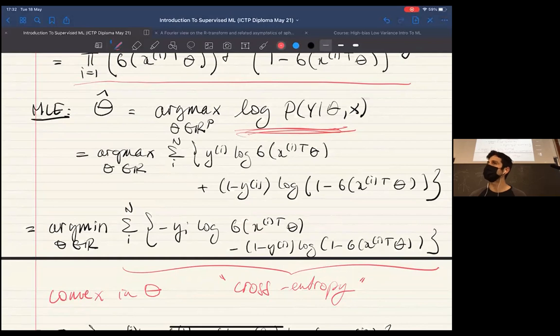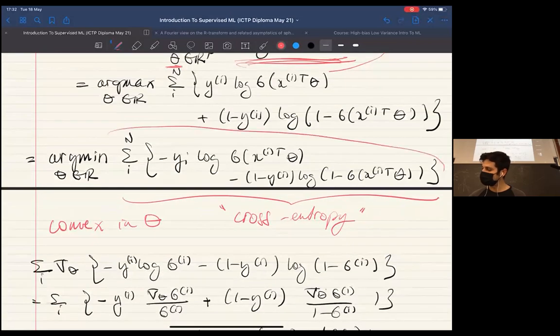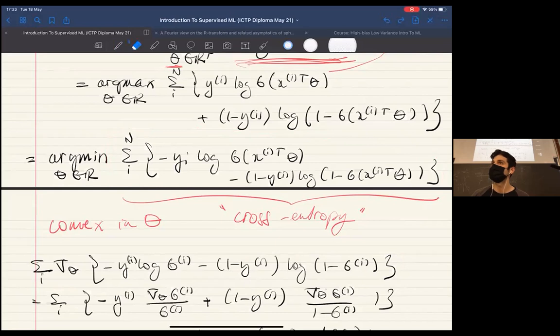No, I think you are confusing. We have to optimize the value. Theta are the parameters. The loss is minus this function. This is the loss here. This is the cost function. We use the cross entropy; the cross entropy is the cost function here. It's okay.